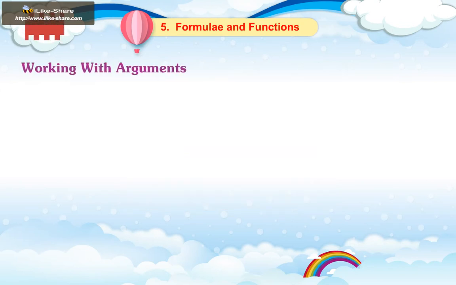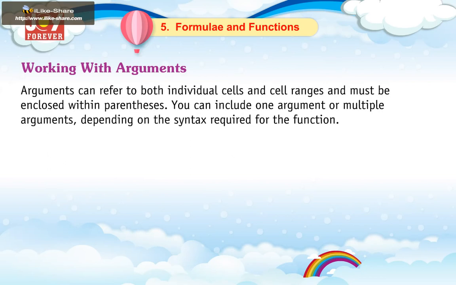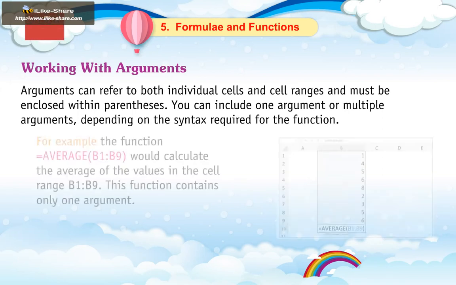Working with arguments. Arguments can refer to both individual cells and cell ranges and must be enclosed within parentheses. You can include one argument or multiple arguments depending on the syntax required for the function.